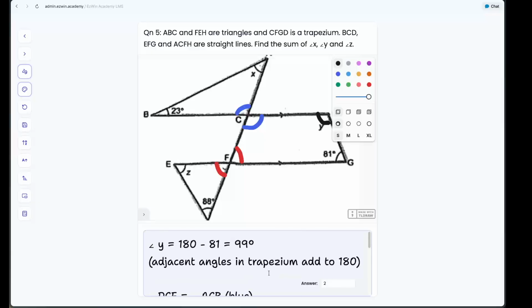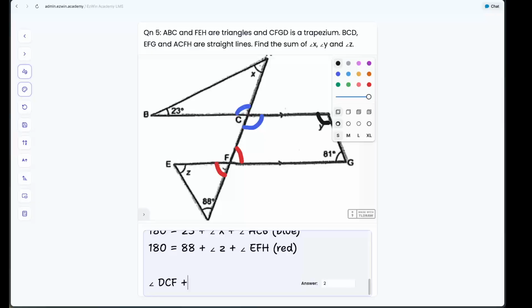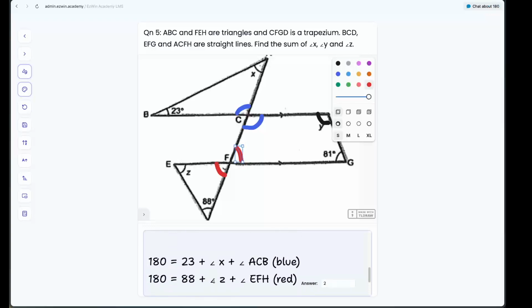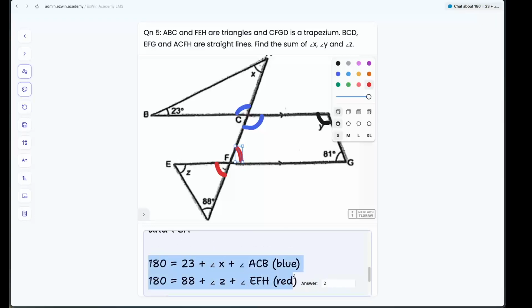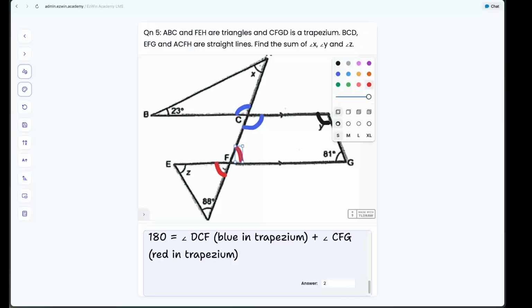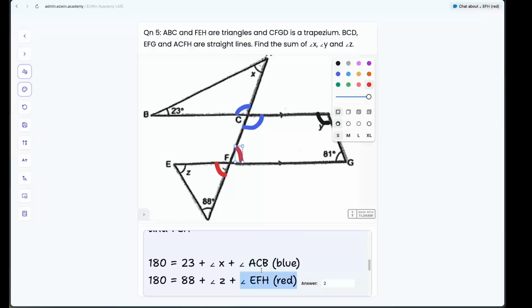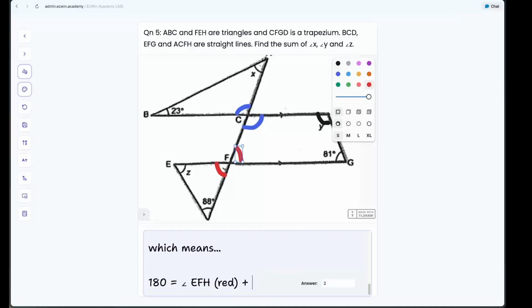And we know that DCF, which is in blue, which is in the trapezium, plus CFG, which is in red in the trapezium, is also 180. So basically 180 is equal to the same thing, ACF in the red triangle plus ACB, which is in the blue.